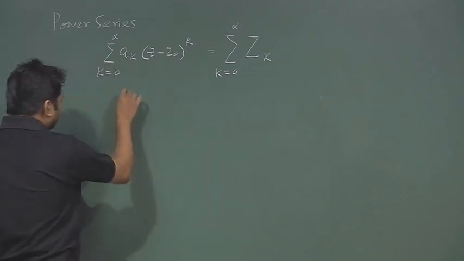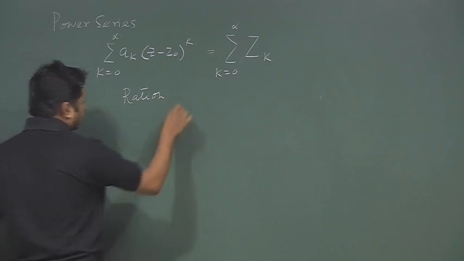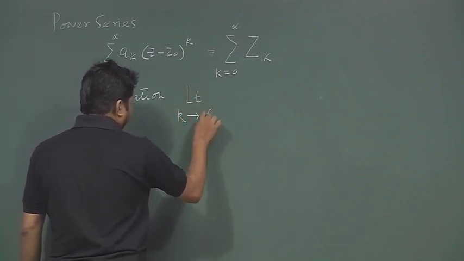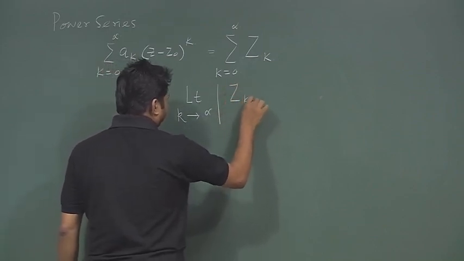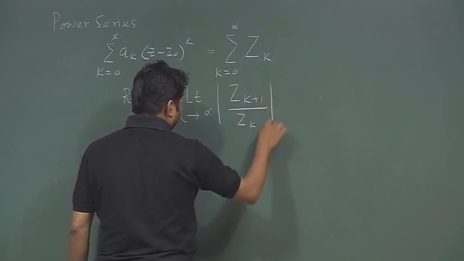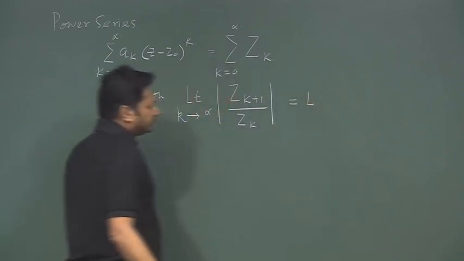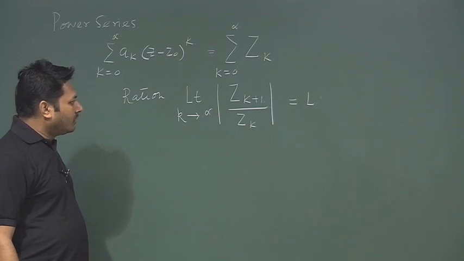Then my ratio test suggests the limit as k tends to infinity of big Z_{k+1} divided by big Z_k, say it is L.